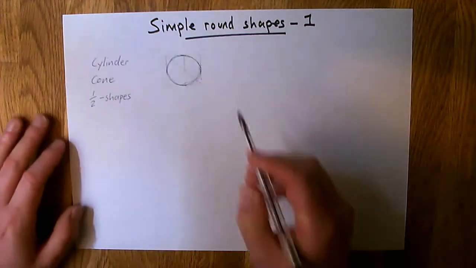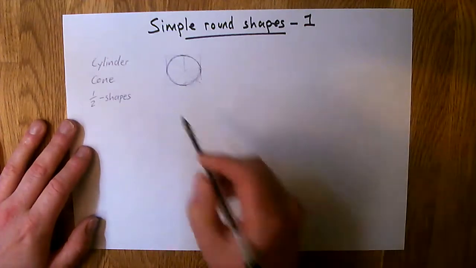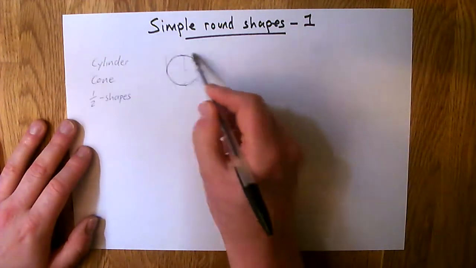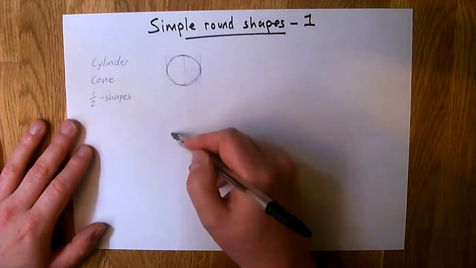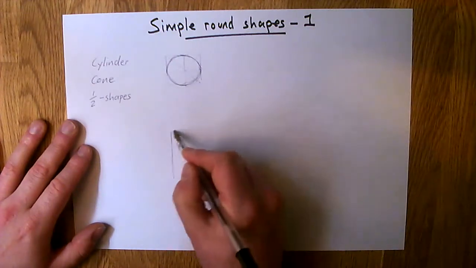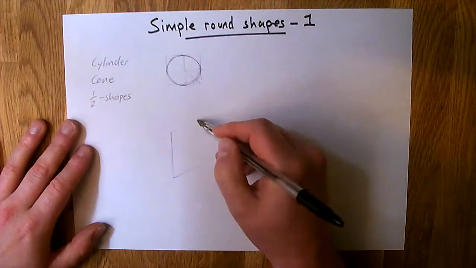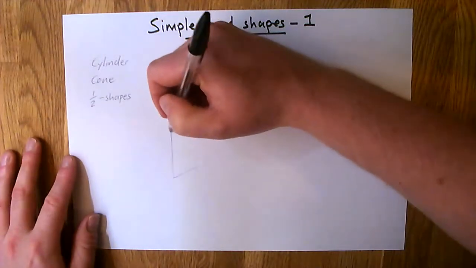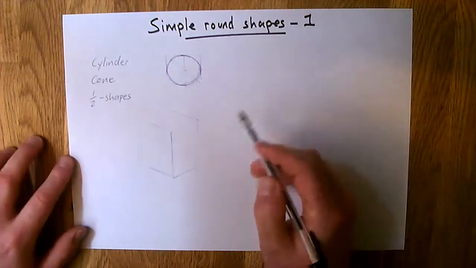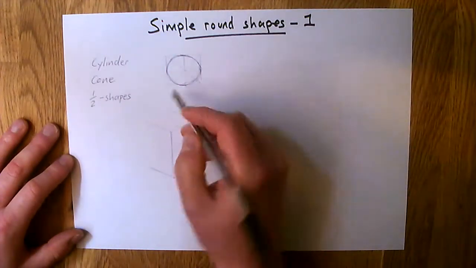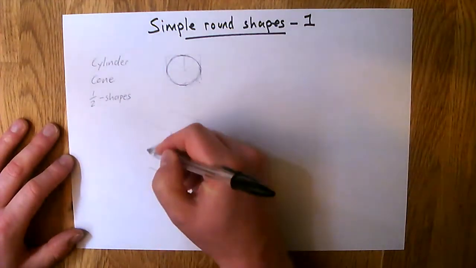It's worth going over that again. So long as we know that a circle fits inside a square, that means that if we came to draw a cylinder in isometric, and let's draw that here, let's put in our box. Now this is the start of us learning how to do the box method of construction, where everything we see can fit inside a box.